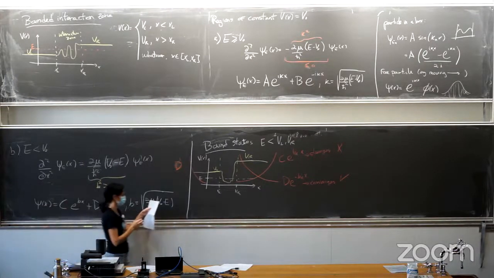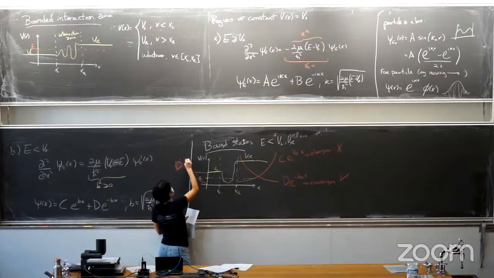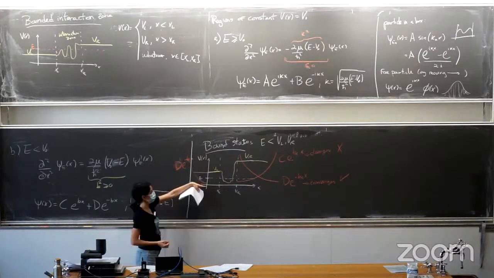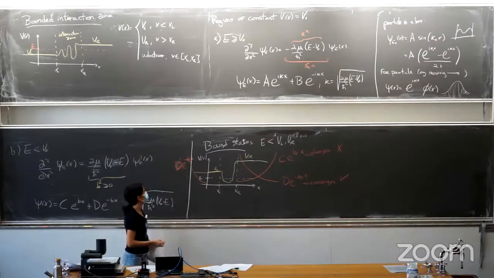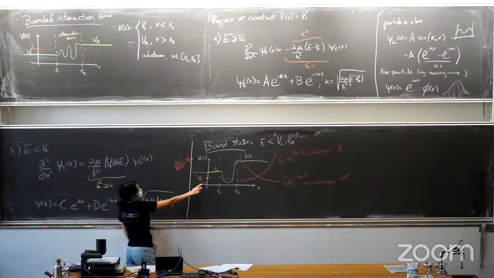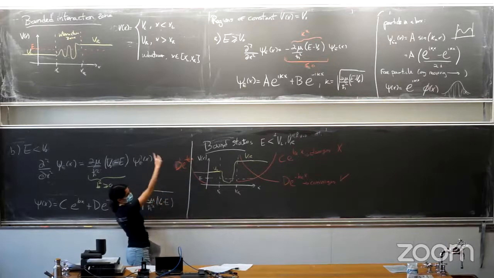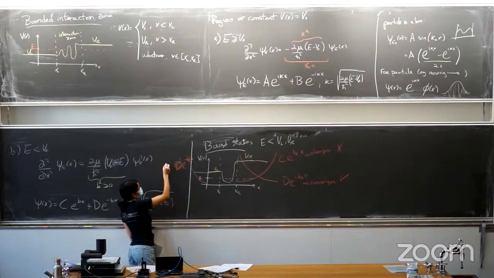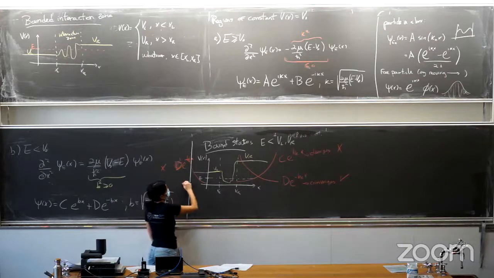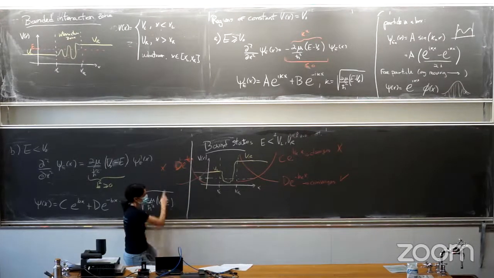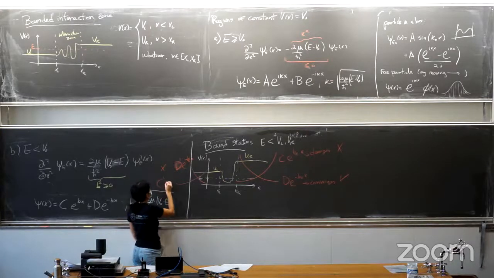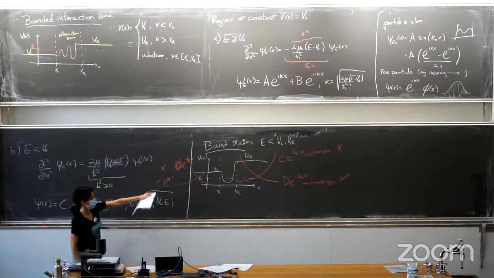But anyway, this is e to the minus BLX. Right, because it diverges, it decreases with X. And again, this diverges because if you go to minus infinity, this thing is huge. So we discard this one. And something like this, so this would be C prime e to the BLX. This converges, so we keep it.